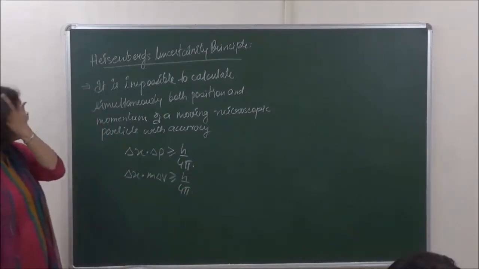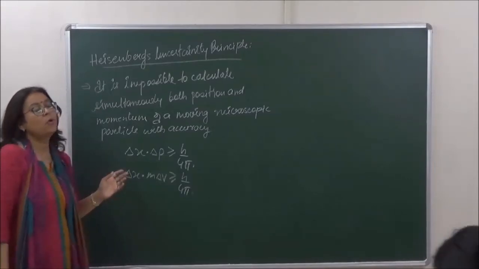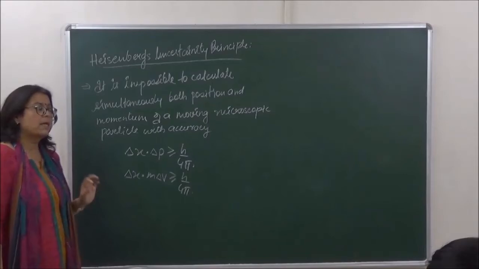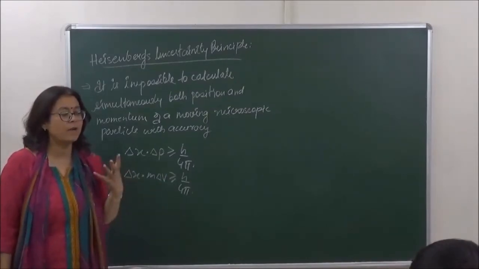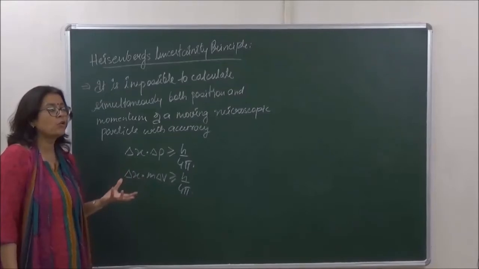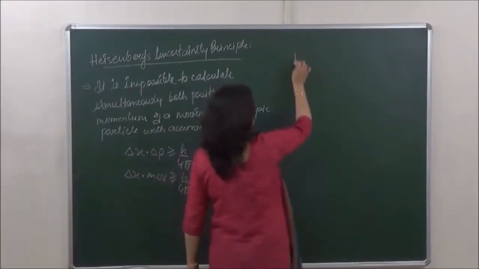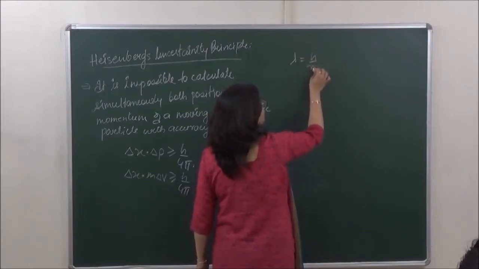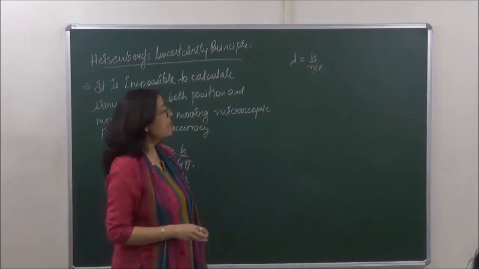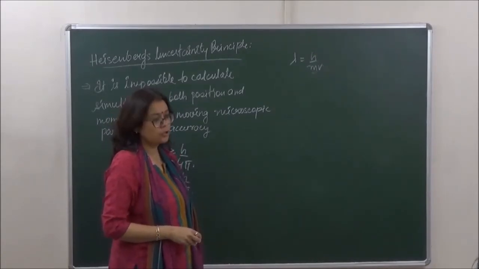Now, whether we are talking of de Broglie or the Heisenberg uncertainty principle, both of these principles are only significant for microscopic bodies. For bodies with larger mass, both principles are not accurate. In de Broglie's relationship, lambda is equal to h upon mv, so if mass is large, lambda becomes very small and does not fall in the electromagnetic region.